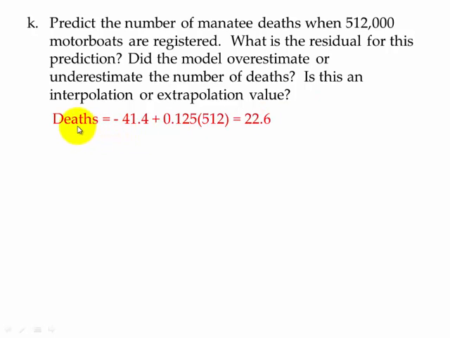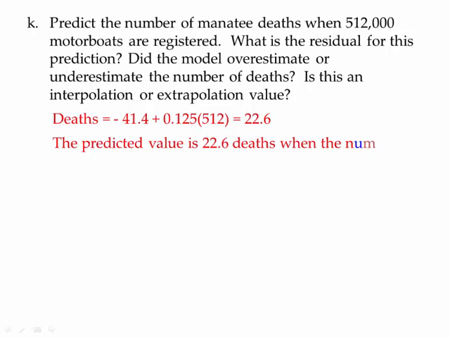So our equation would look like this: deaths equals negative 41.4 plus 1.25 times 512, our explanatory value, and this gives us a value of 22.6. Now what does this mean? This means that the predicted value is 22.6 deaths when the number of motorboats is 512,000.